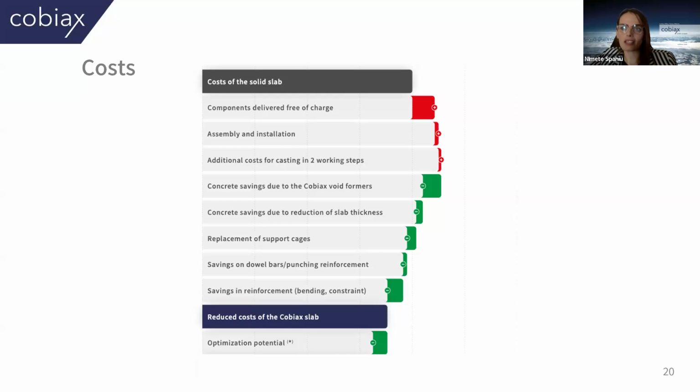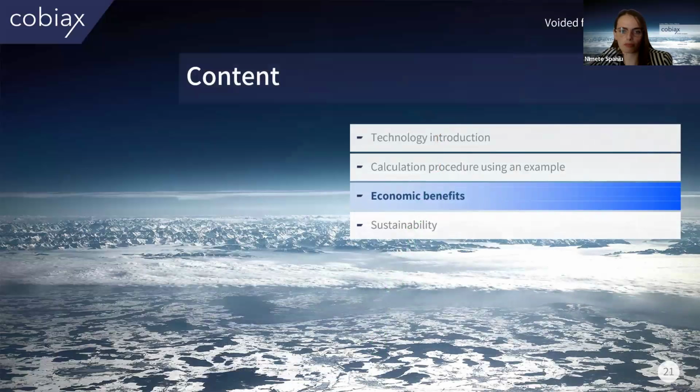The environment today is very important, and one day such certificates will be a condition for your building. And if you use Cobiax, this will grow the value of your property. So this is what we mean with optimization potential.